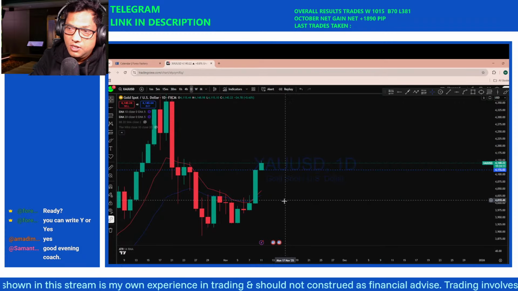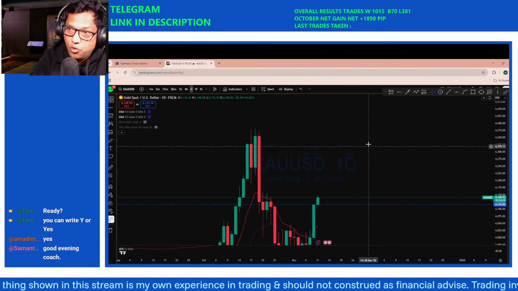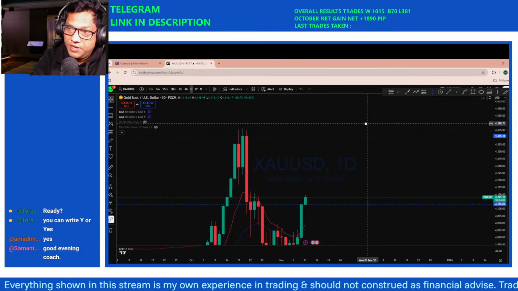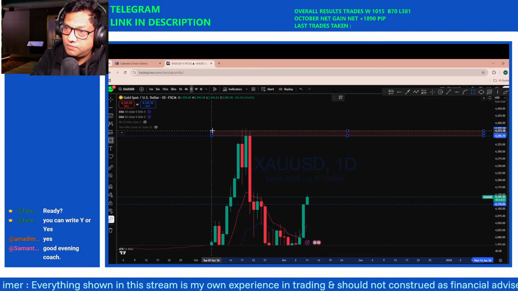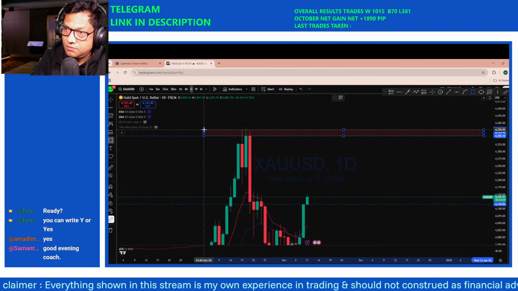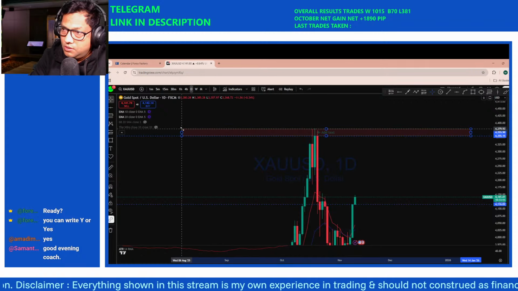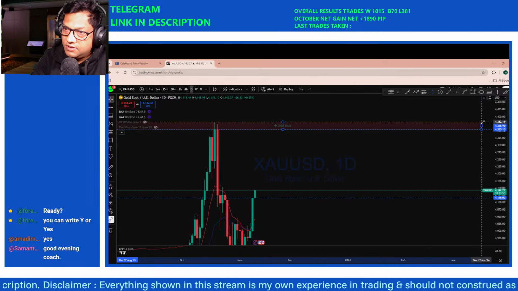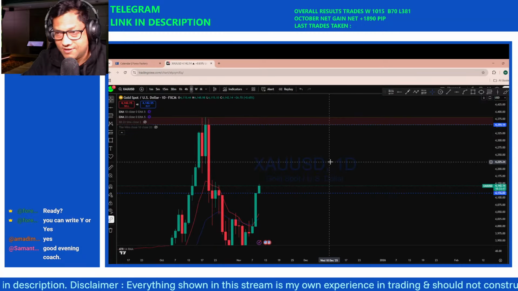So this is a complete breakout, and that move could now bounce back up to the key level of the resistance line here. That is where the market has formed and created.